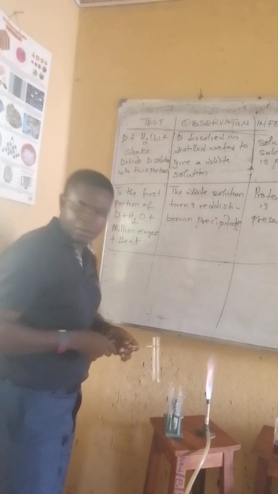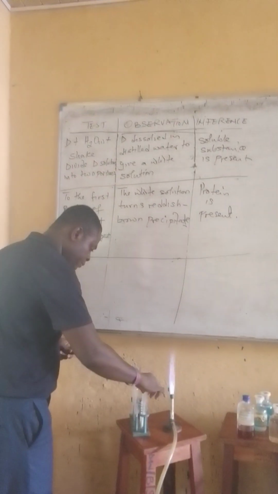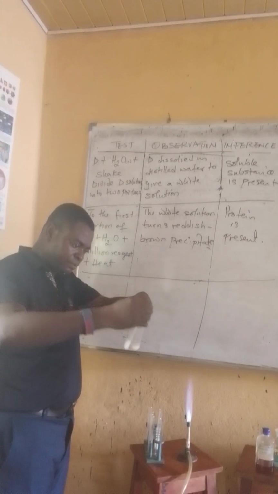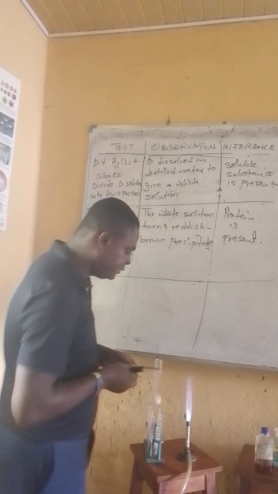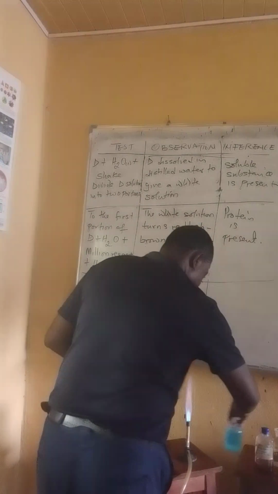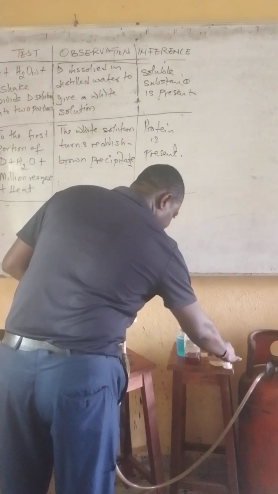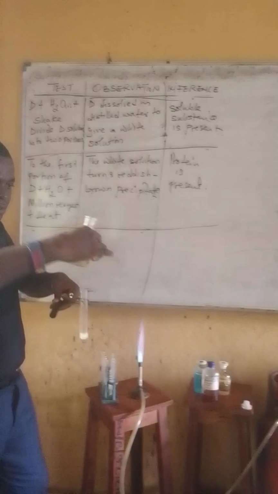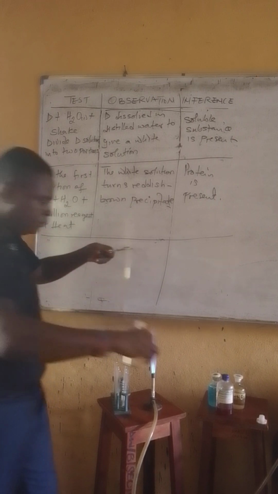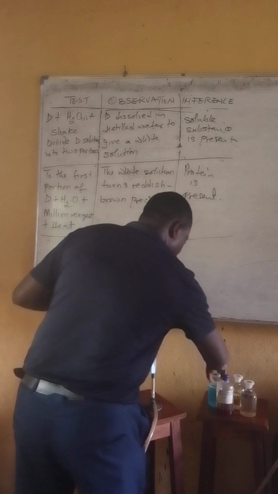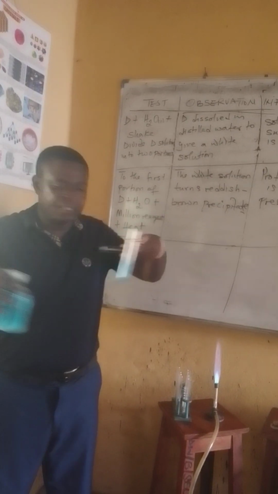Okay. To another portion of the solution, we want to add caustic soda, sodium hydroxide, followed by a solution of copper(II) tetraoxosulfate(VI), CuSO4. Copper(II) tetraoxosulfate(VI) solution.